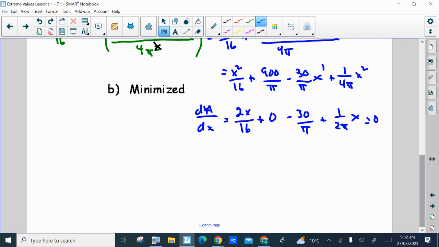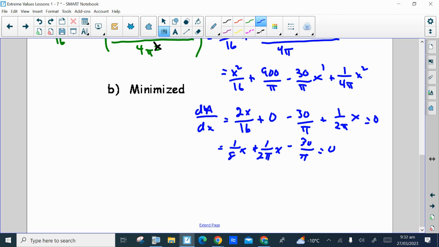So I can do a little bit of simplifying. I actually have two like terms here, two terms that involve x. This first term, 2 over 16x, would reduce to 1 over 8x, plus the 1 over 2 pi x, minus 30 over pi equals 0. I can add these two together by getting a common denominator.